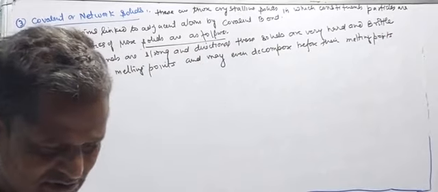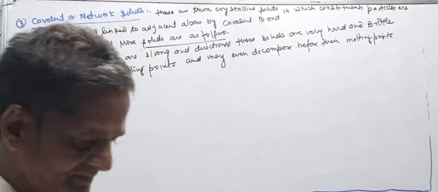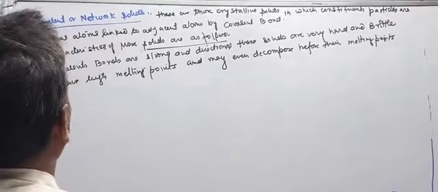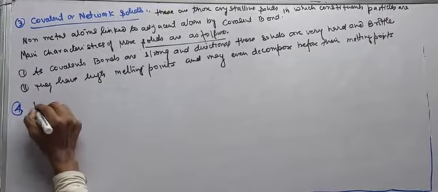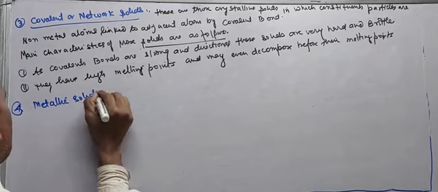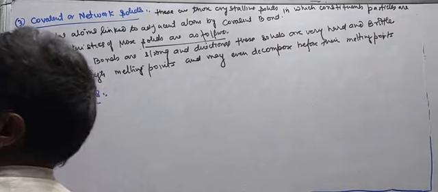Number fourth type of crystalline solid is metallic solids.